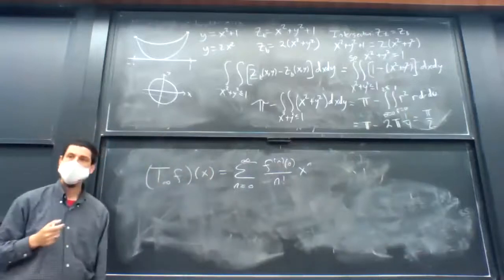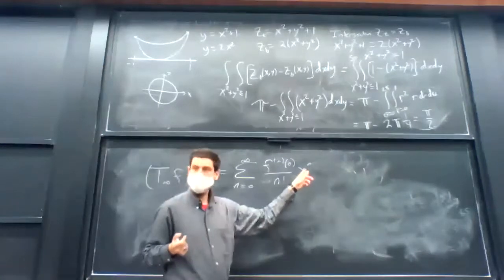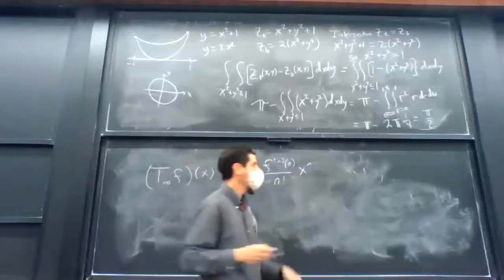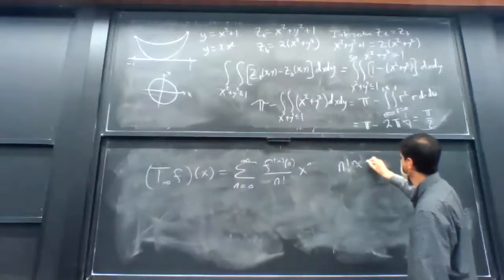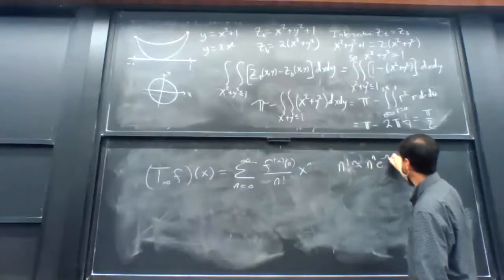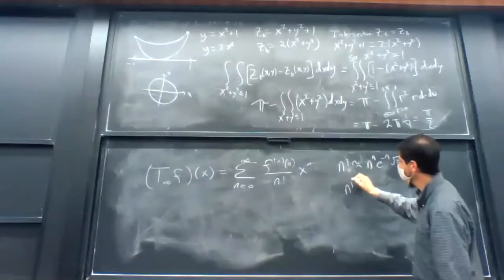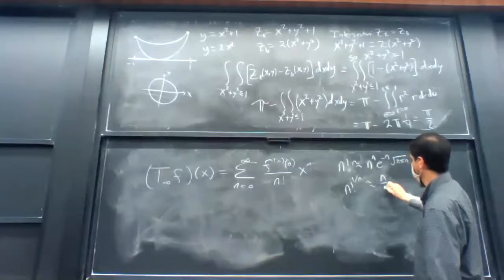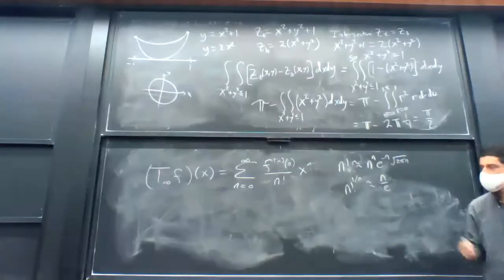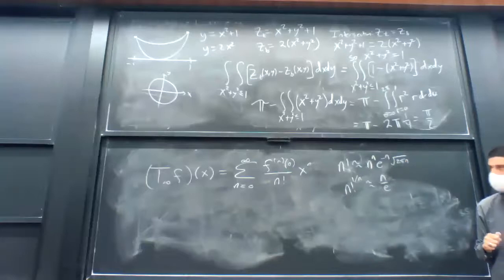Could do comparison, root test. Yeah. Is it easy to take the nth root of x to the n? Yeah, and we know n factorial is approximately n to the n, e to the minus n, square root of 2 pi n. So the nth root is approximately n over e, because the nth root of 2 pi n goes to 1.